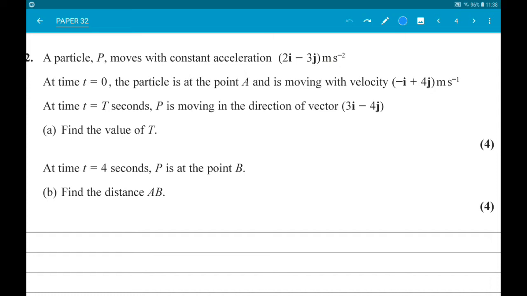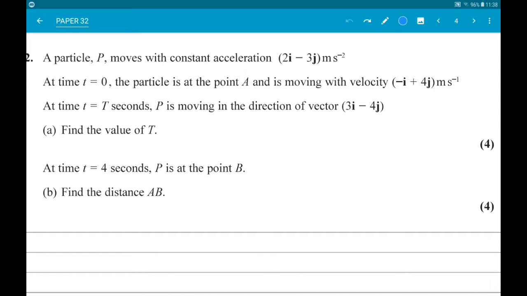At time t equals capital T, the particle is moving with direction 3i minus 4j. Part A, find the value of T.